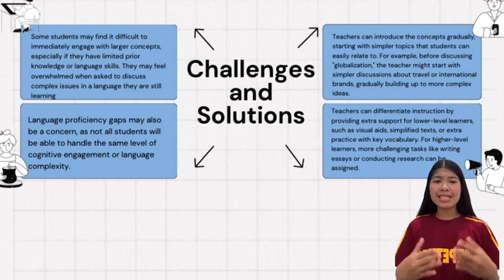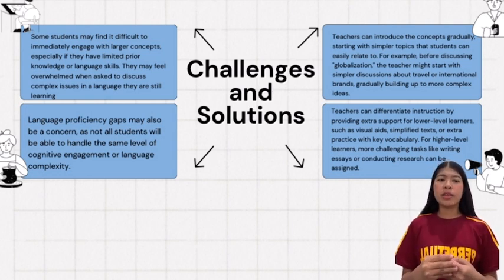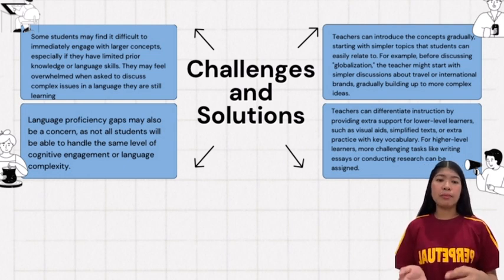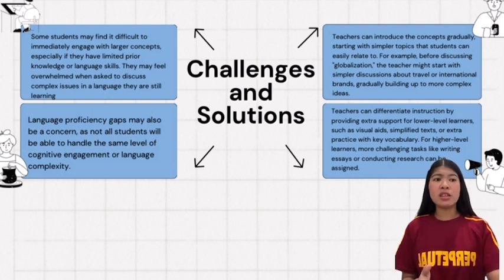So the solution to this challenge is that teachers can introduce the concept gradually, starting with simpler topics that students can easily relate to. For example, before discussing globalization, the teacher might start with a simpler discussion about travel or international brands, gradually building up to more complex ideas. So, this scaffolding approach helps students build confidence and language skills step by step.